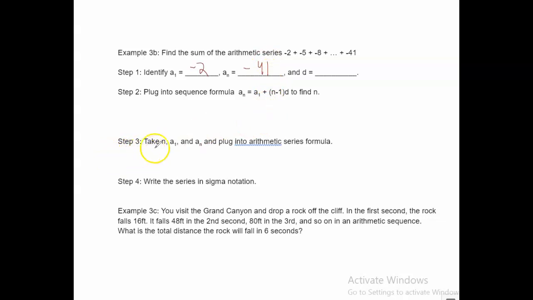Remember, my formula is n, A1, and An. I don't know my n yet. I need to find it. But I do know my d is -3, so I'm adding a -3.